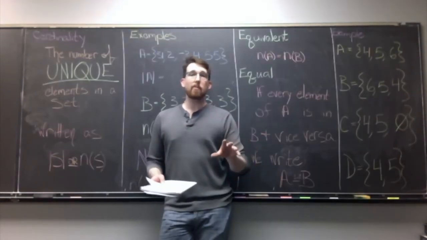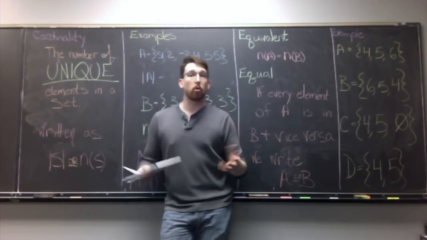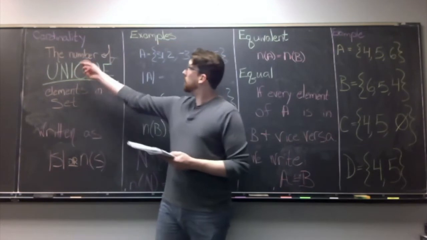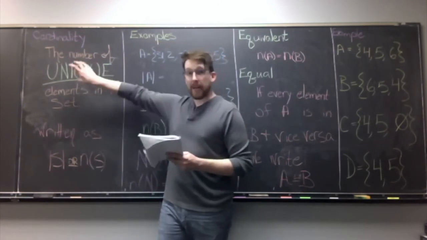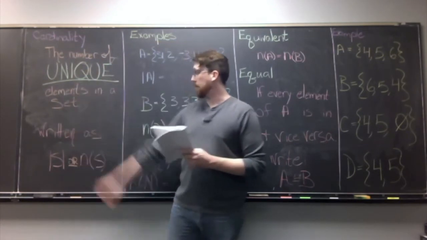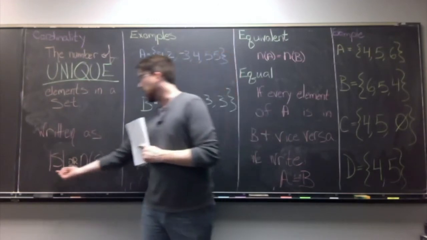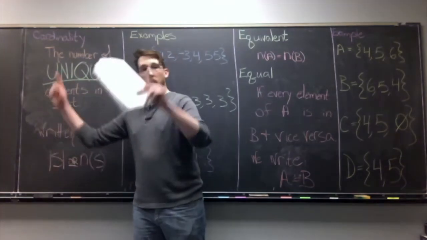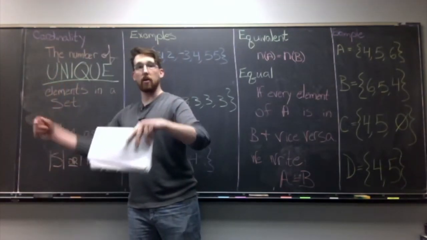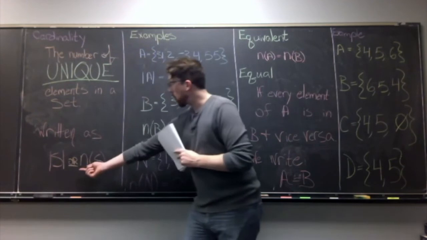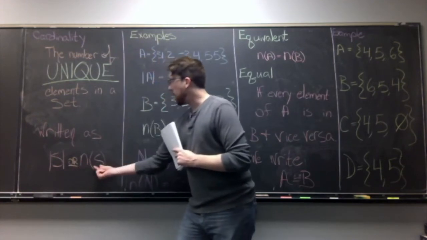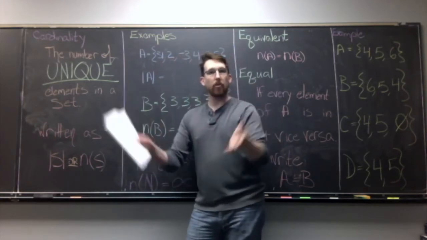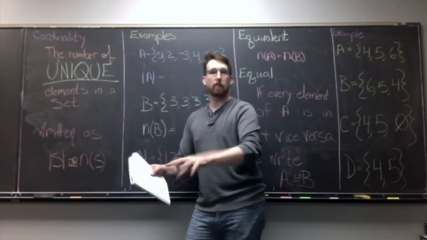So, this now brings us to the idea of cardinality, or the cardinal number of a set, which by definition is the number of unique elements in a set. And it can be written in one of two ways. Either like an absolute value, so with one line on either side of our symbol for the set, or we have n of s, so write it like in parentheses with our set inside.